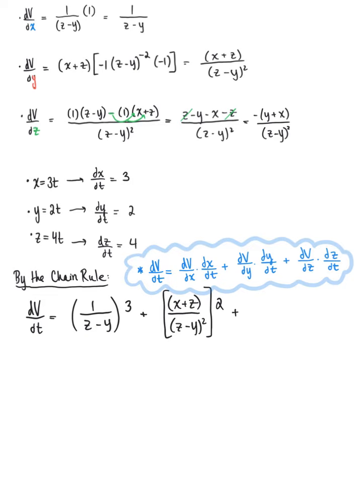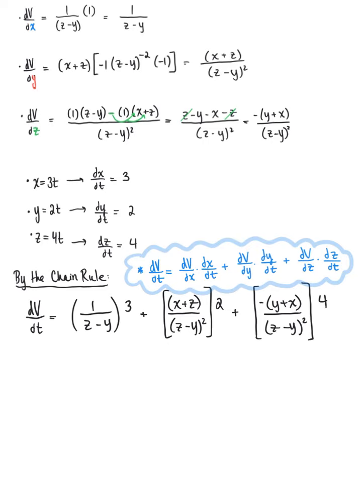And last but not least, this is plus the partial derivative of v with respect to z. And we have minus y plus x, all divided by z minus y squared. And this is multiplied by the derivative of z with respect to t, which is 4.